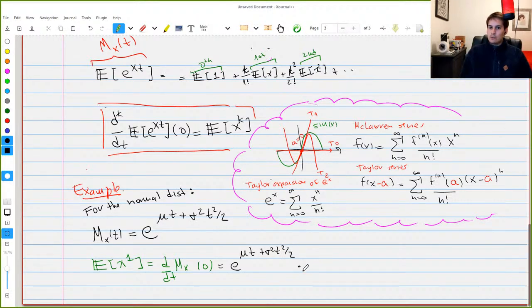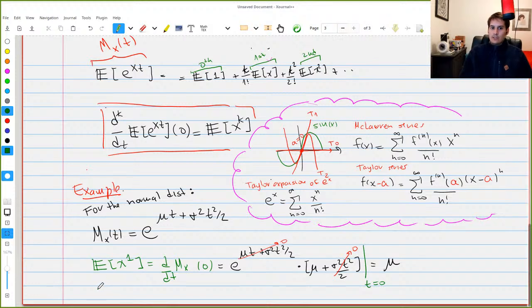But by the chain rule, we multiply by the derivative of this exponent. So we obtain mu plus sigma squared t divided by 2. And this expression needs to be evaluated at t equals 0. And when we do that, you can see that this term disappears, and this one also goes to 0, and we just get mu.